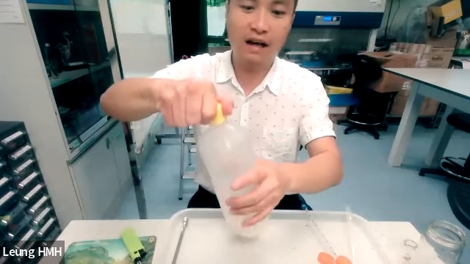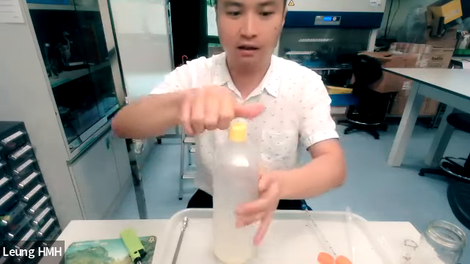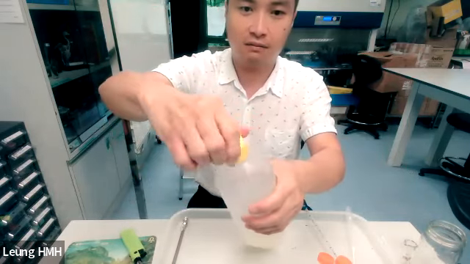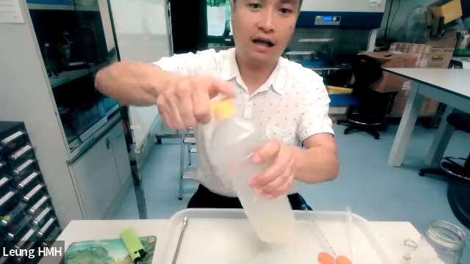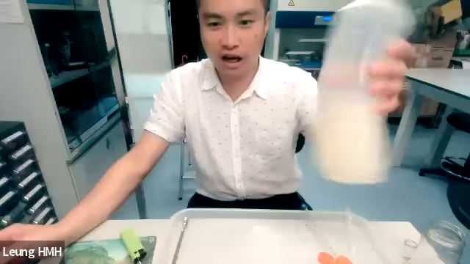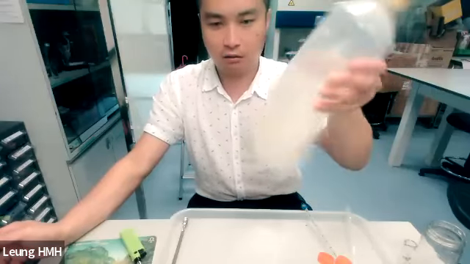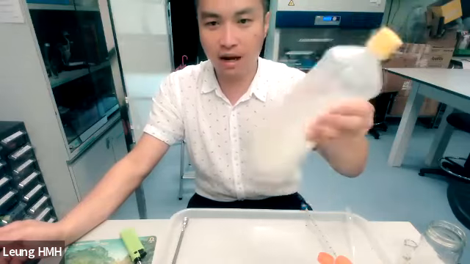You may find that the bottle expanded, so we need to release the gas. And then we continue to shake it. I think we need to shake it for around 50 minutes.